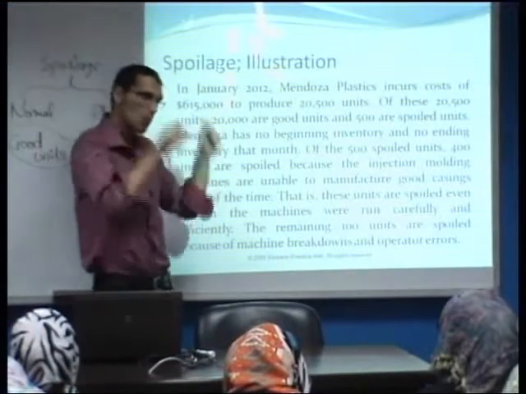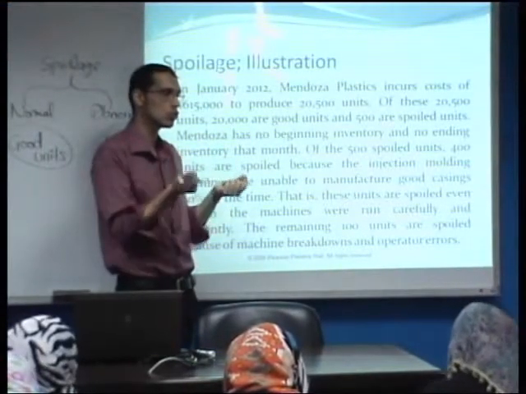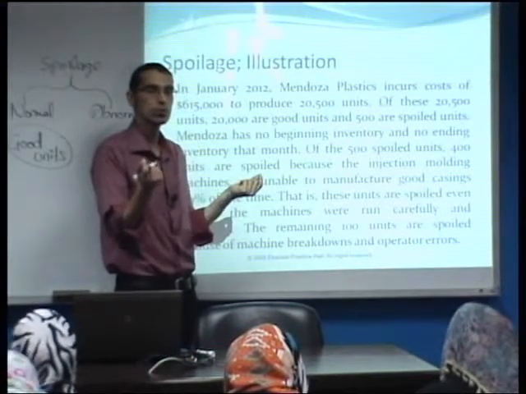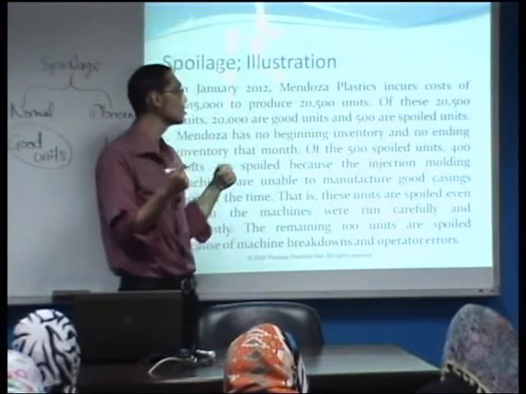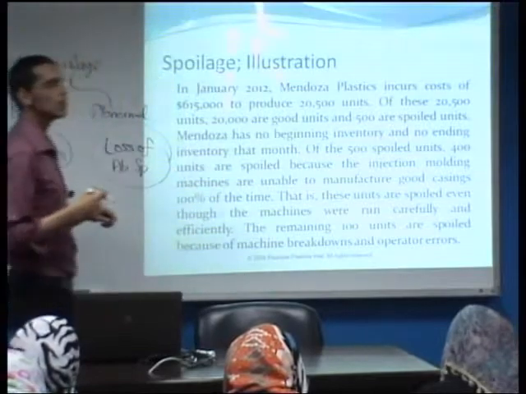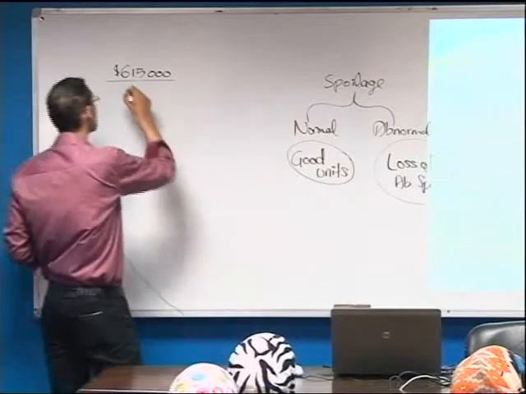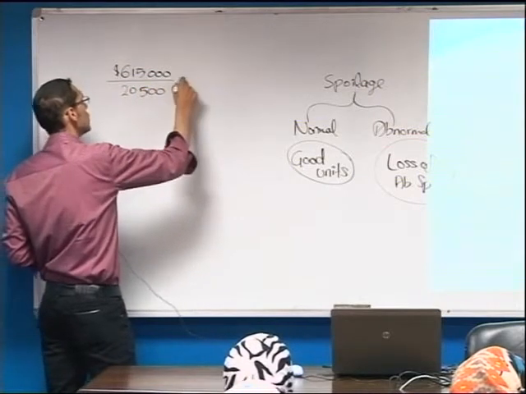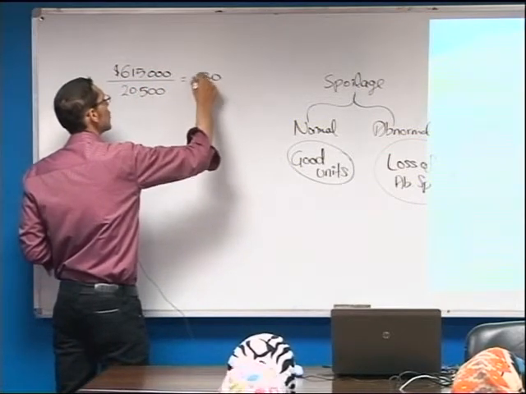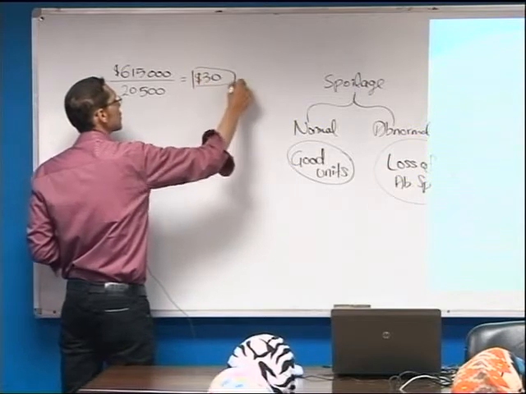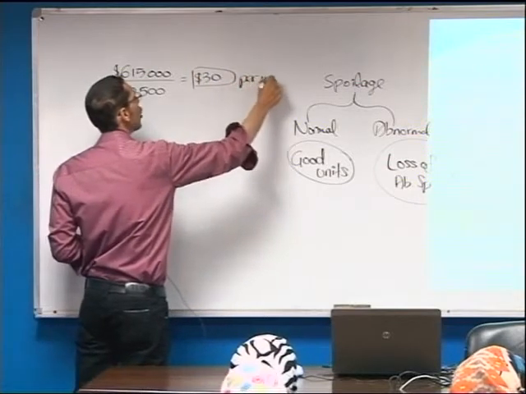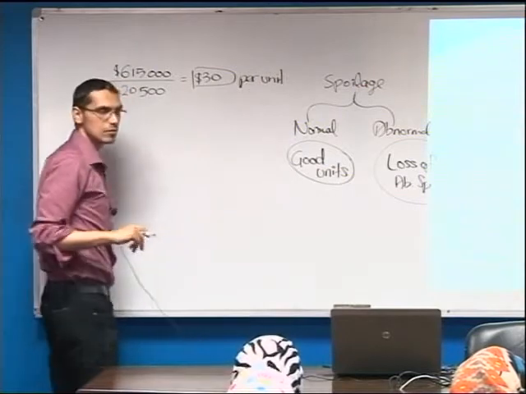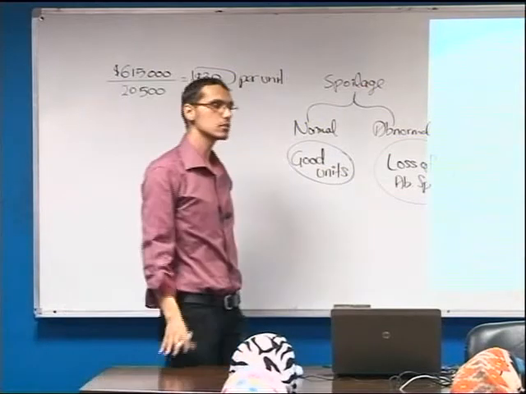But here we are going to account for the spoilage in order to determine what is the cost of good units and what is the cost of abnormal spoilage. Therefore, we are going to divide by the 20,500 units. In this case, we would have $30 per unit, whether it is a good unit or a spoiled unit.